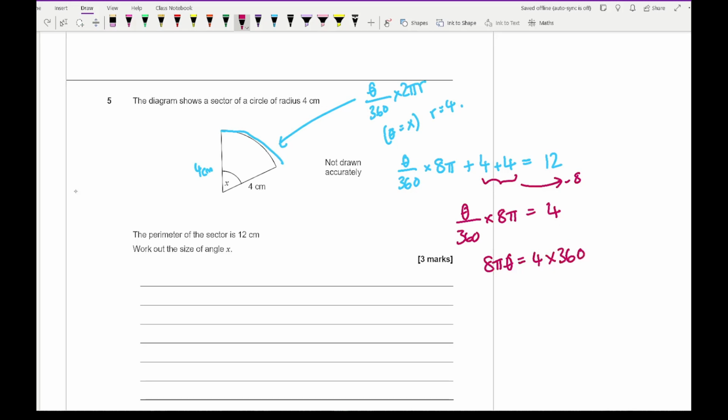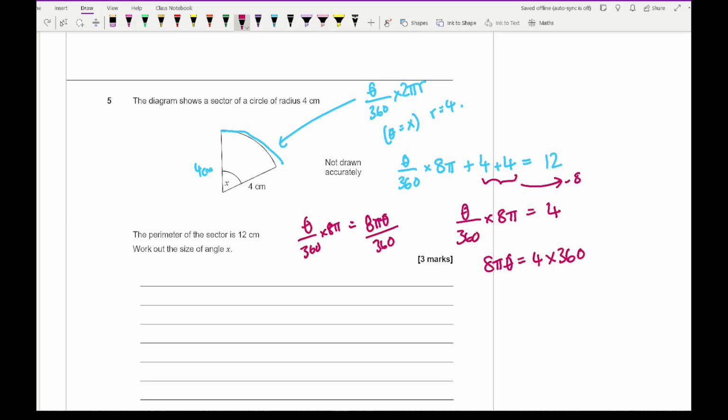Now if you wanted to divide by 8 pi, that should be absolutely fine, but theta over 360 times 8 pi is the same as 8 pi theta over 360. It's both the same thing. That's why I've taken the 360 first, but if you wanted to get rid of the 8 pi first, that's absolutely fine as well, because looking at BIDMAS, multiplying and dividing fall on the same level.